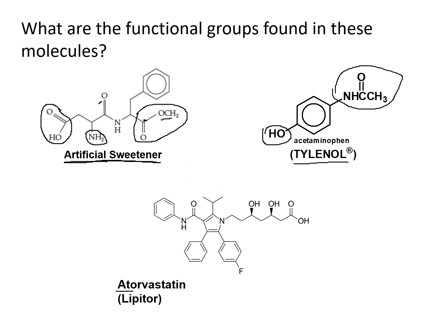Last is atorvastatin, again a drug used in medicine to lower the blood cholesterol levels. So this one is a commonly used drug as well, and again it has got plenty of groups present in it. The COOH group, which is the carboxyl group, hydroxyl groups are there, double bonds are found, and the halogen atom, like fluorine, is also present in this one.